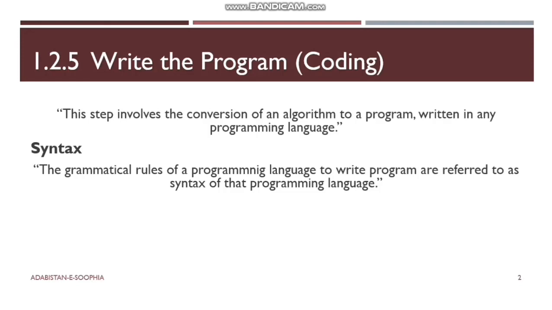In 10th class you will be learning about BASIC, which is the first high level language. So what is syntax? The grammatical rules of a programming language to write a program are referred to as the syntax of that programming language. Take an example of an English sentence. Whenever you write a sentence in English, there must be three things fulfilled: one, subject; second, object; and the third one, helping verb.